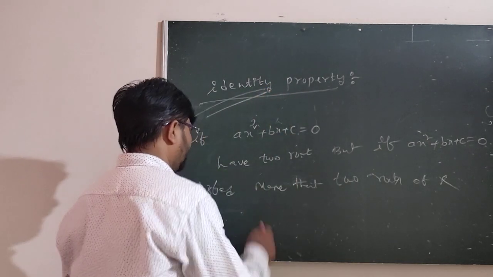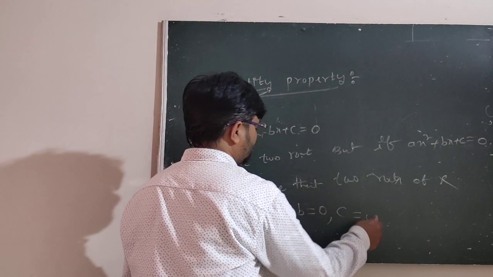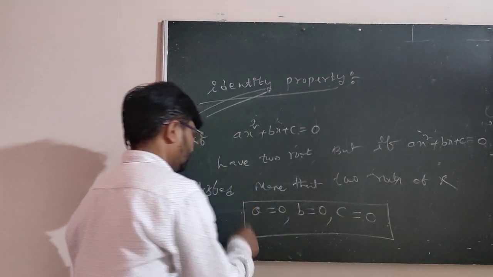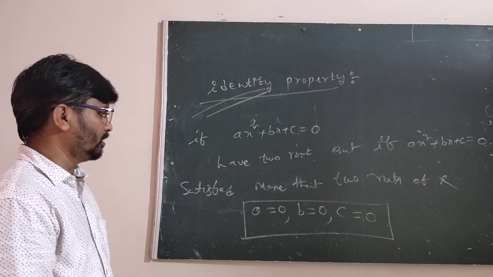Then we have to take a equal to 0, b equal to 0 and c equal to 0.